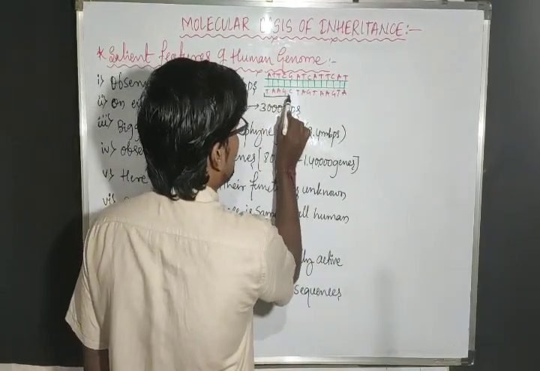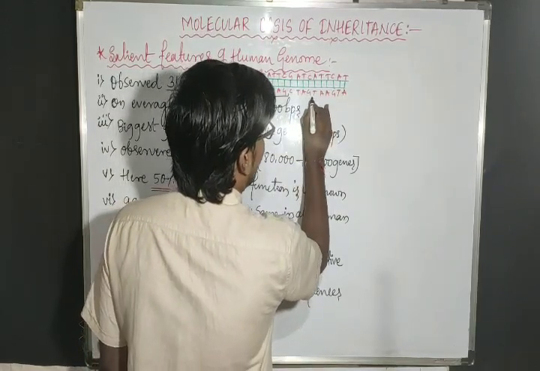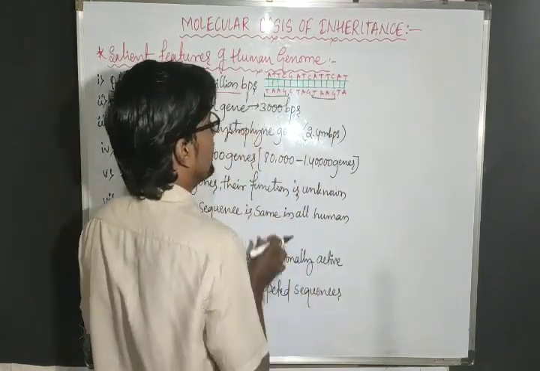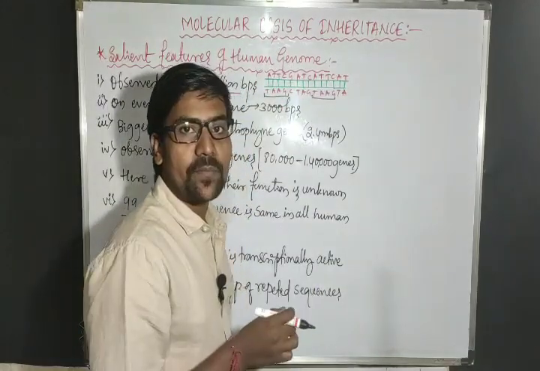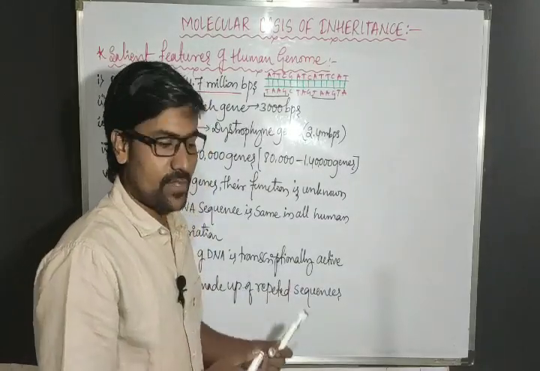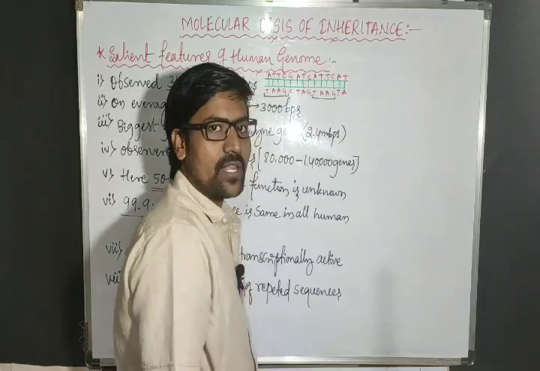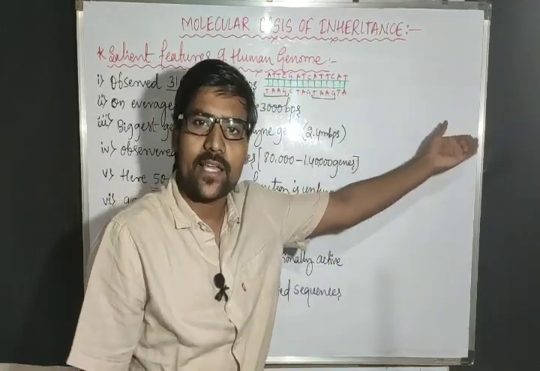Now after TAAG, CTAG is there. Again TAAG, the same sequence is repeated here. The same sequence, that order, is repeated here. Next, after a few bases, again TAAG. Again after a few bases, TAAG.